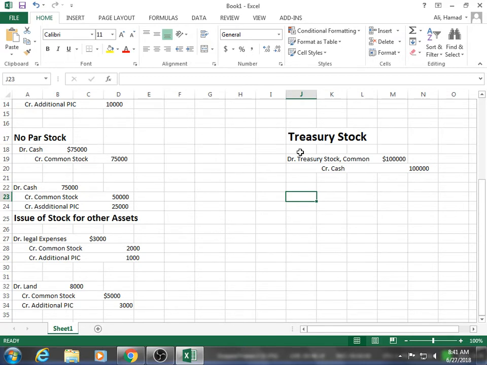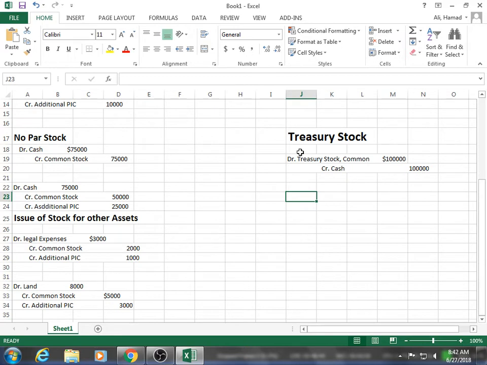Okay, so let's say, look in the middle here. How would stockholders' equity look at this point? Under contributed capital we have common stock 300,000, PIC 360,000, total contributed capital, then retained earnings.